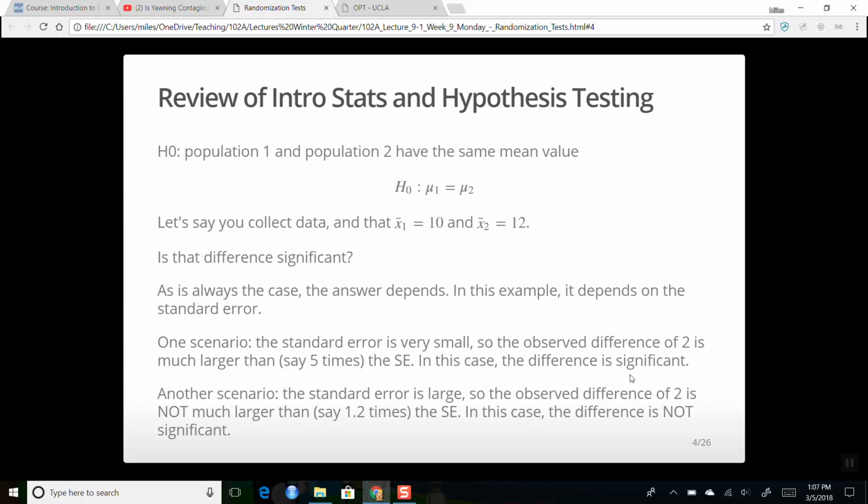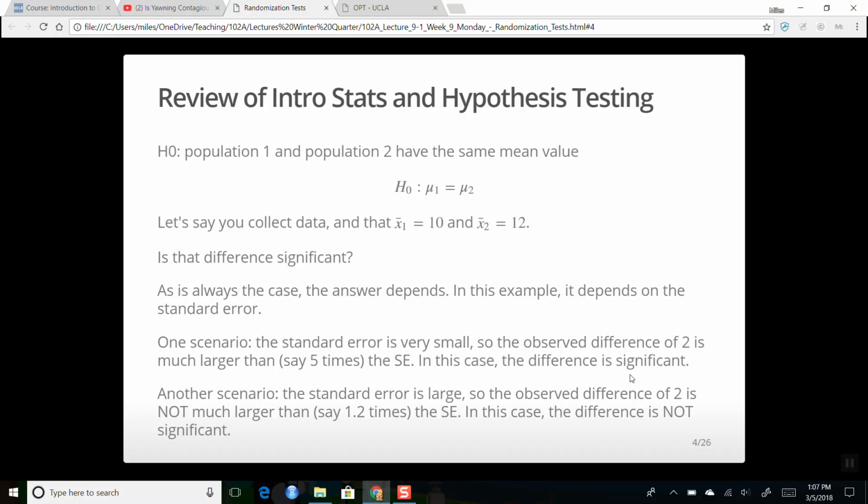And we say, I don't think so. So we start off with the null hypothesis that the average reading score for all students in California is equal to the average reading score for all students in Texas. That would be the null hypothesis. We are talking about the entire population of California and the entire population of Texas.